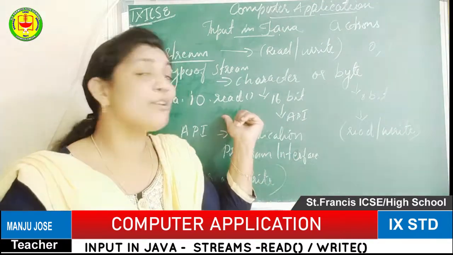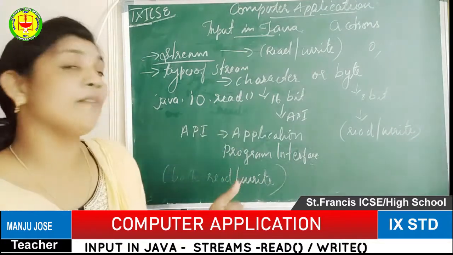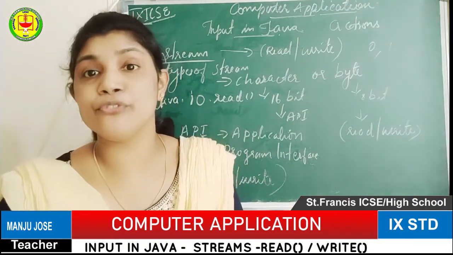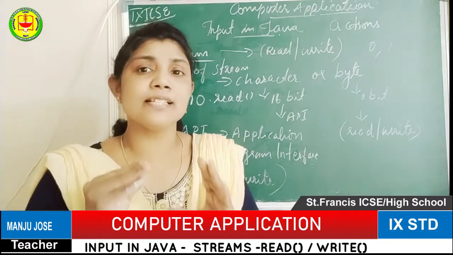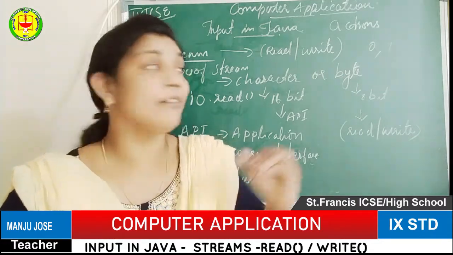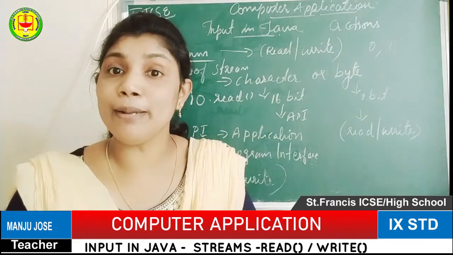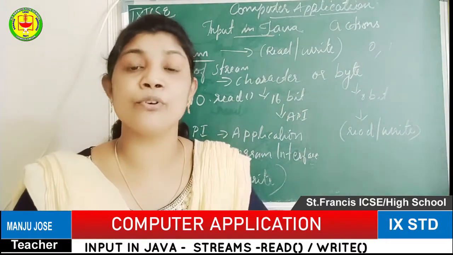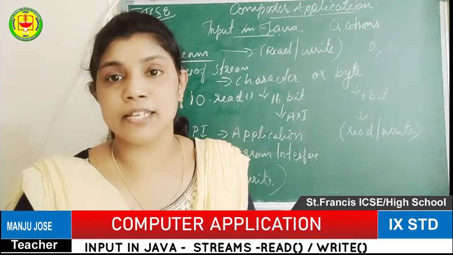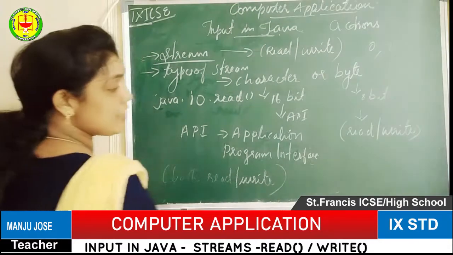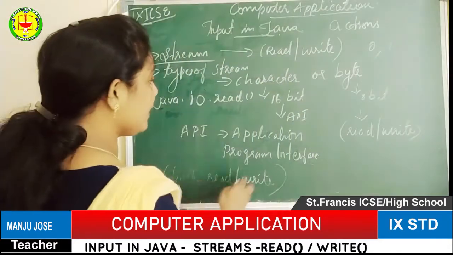The speciality of this reading and writing option is API or partial implementation of data. This is the major concept we are using for character or byte: API or partial implementation of classes or programs or Java methods. What do you mean by API? API means application program interface.